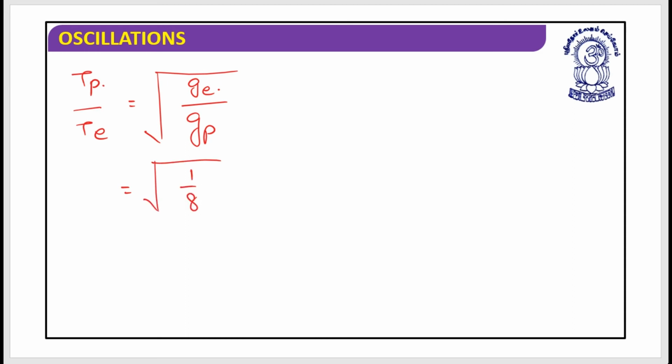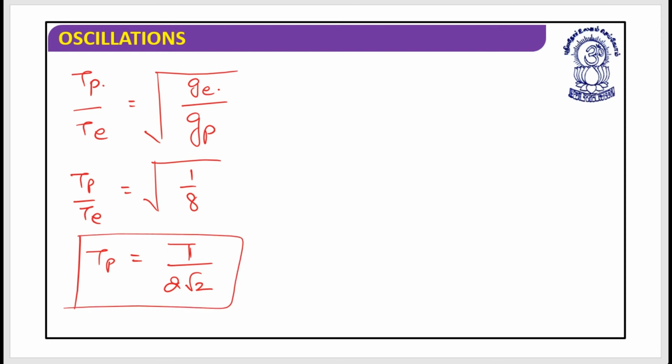That is equal to 1 by 8. This is Tp is to Te. Under root of 1 by 8, it's 1 by 2 root 2, multiplied by T. This is the time period on that planet. I hope this is clear. So the time period on that planet will be equal to T divided by 2 root 2 seconds. I hope this is clear.